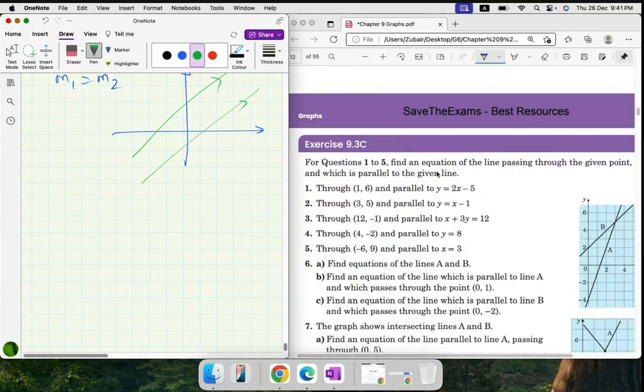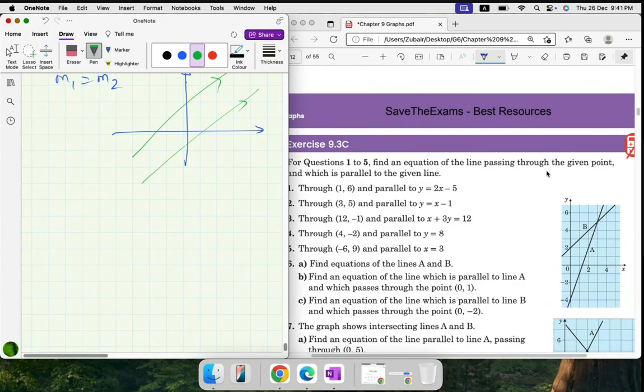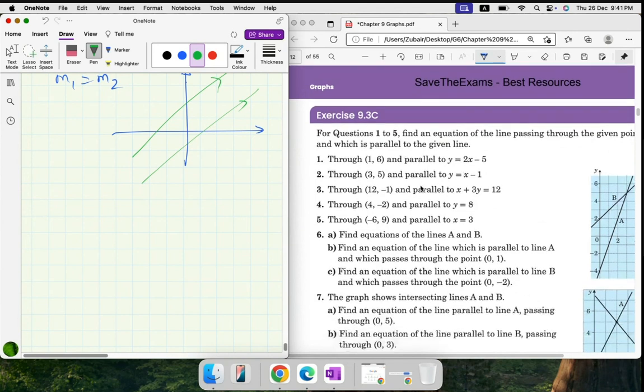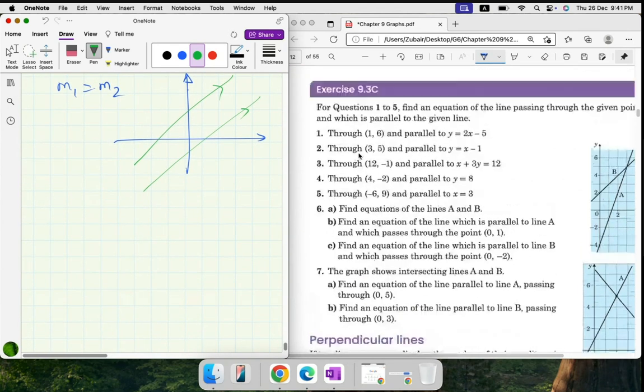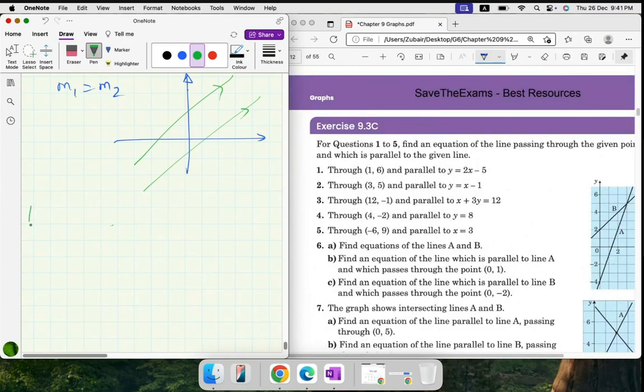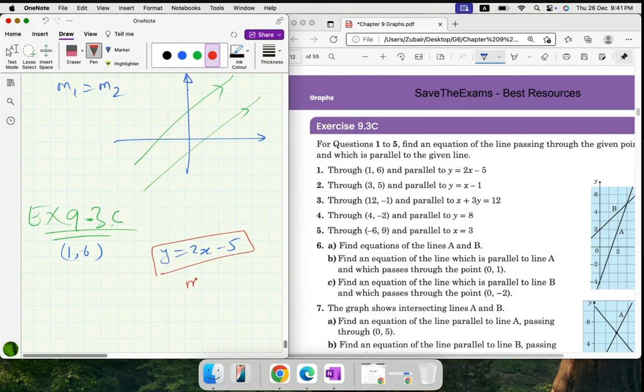For questions 1 to 5, find an equation of the line passing through the given point and which is parallel to the given line. Looking at question number 1, exercise 9.3C, it passes through 1 comma 6 and is parallel to y is equal to 2x minus 5. If it is parallel to this line, I know the gradient is 2.